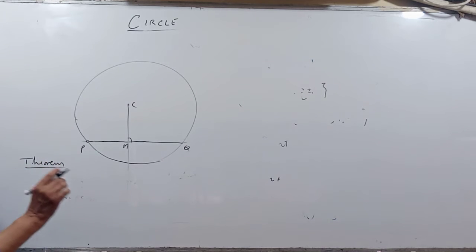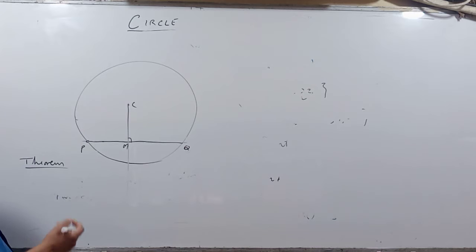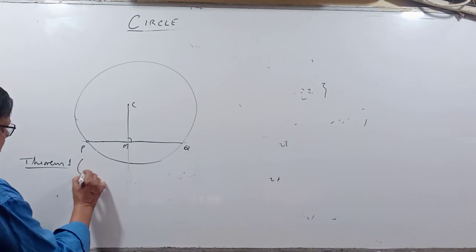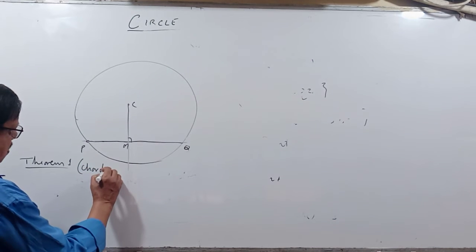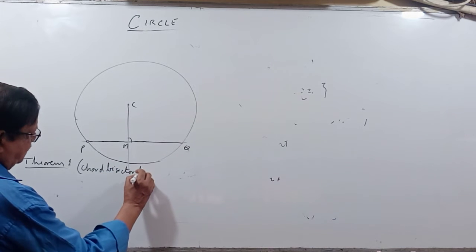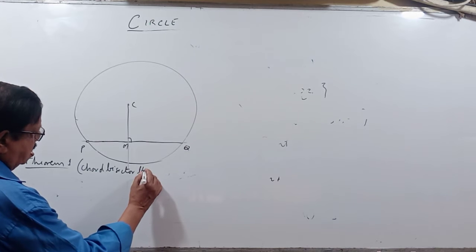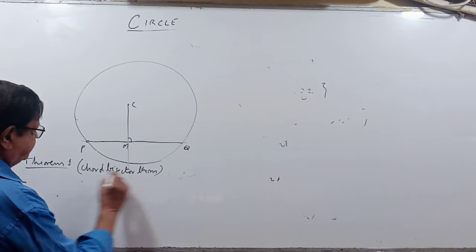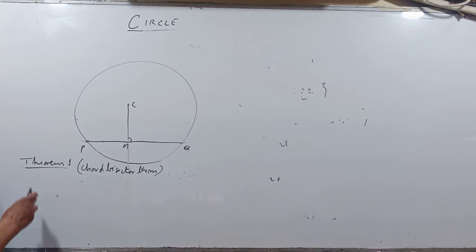Circle has got so many theorems in 9th standard as well as 10th standard. Some of the theorems in the 9th standard I will teach now, and when I take 10th standard I will teach the theorems of 10th standard. Theorem 1 is called the chord bisector theorem. What is that theorem? I am writing the theorem here.